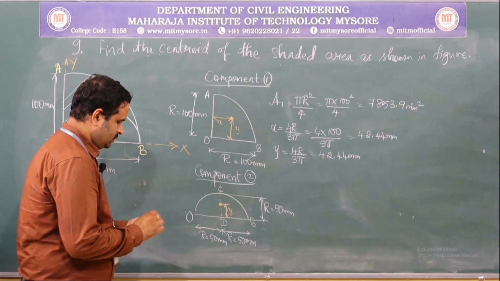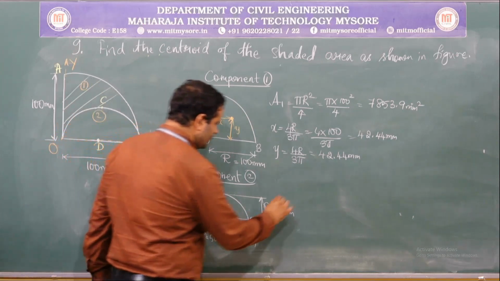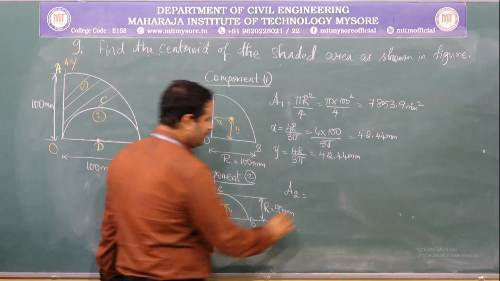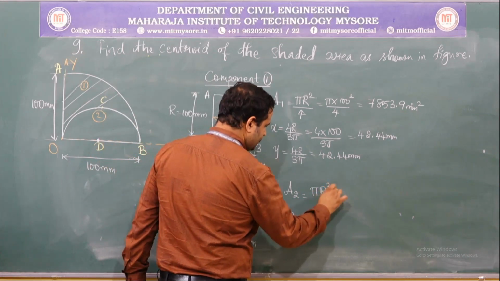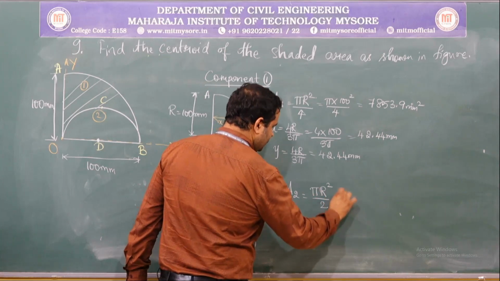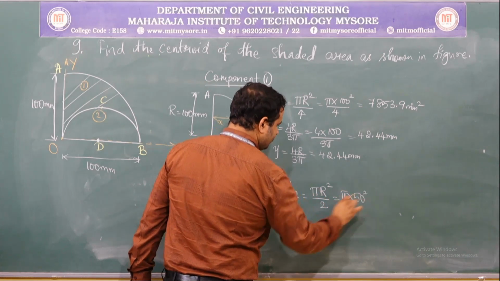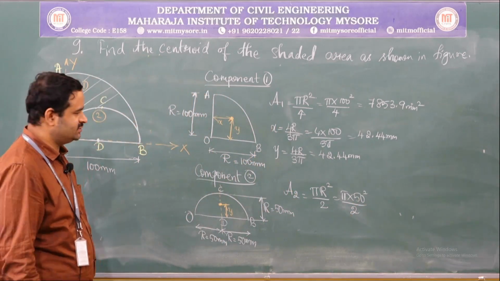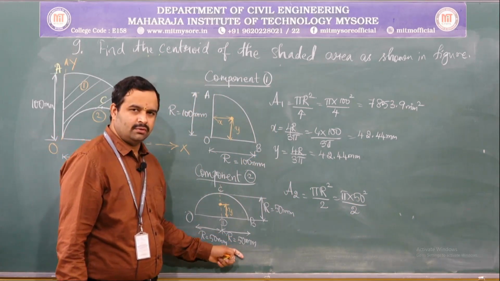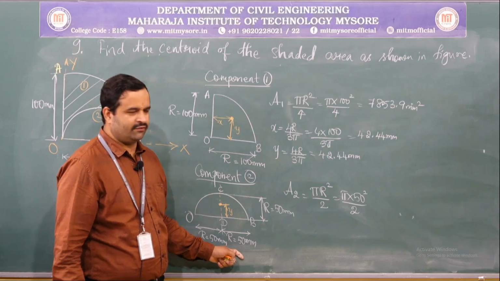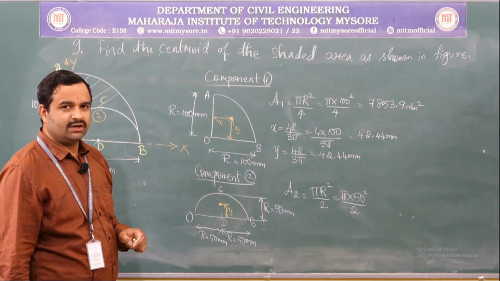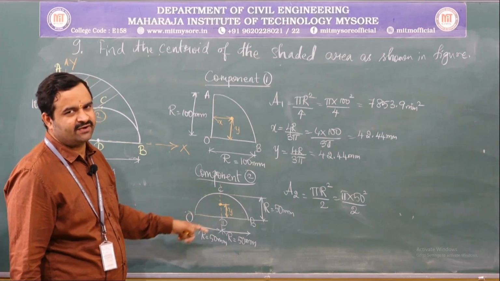Okay. So, area 2 is equal to, the area of a semicircle is pi r square by 2, pi into 50 square by 2. See, the mistake that you are going to make is, if you do not take r equal to 50 and put r equal to 100 there. r is not 100 for this semicircle, it is 50.